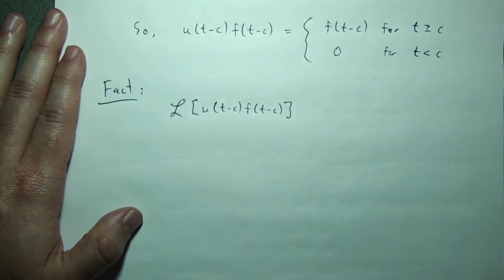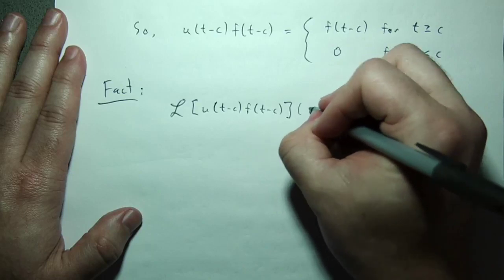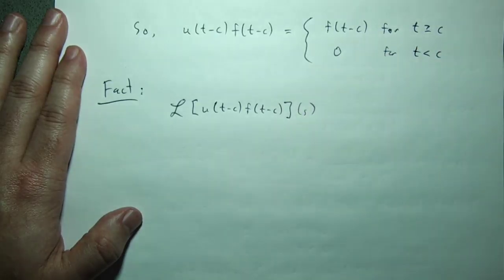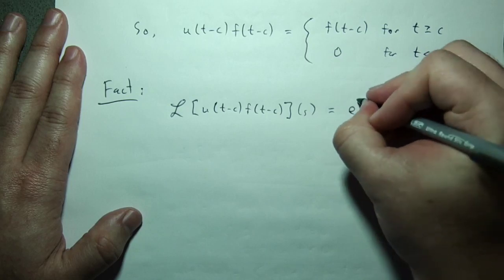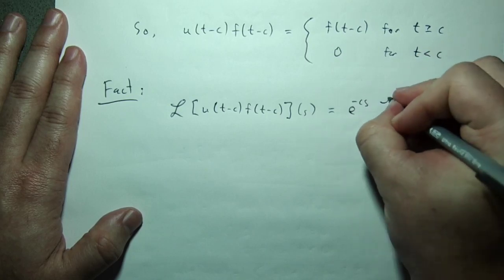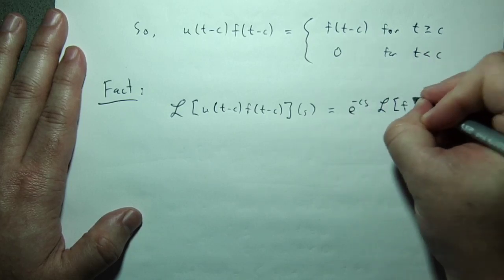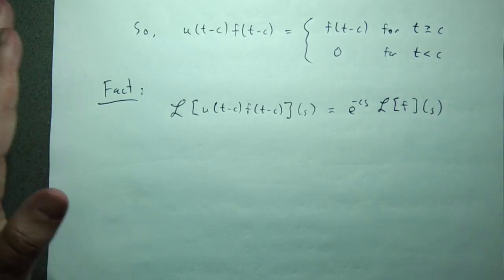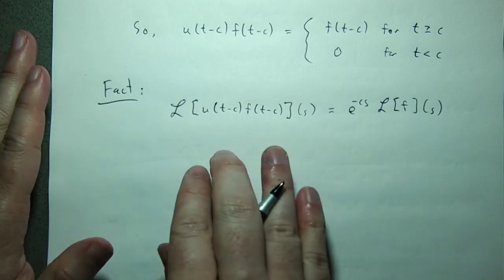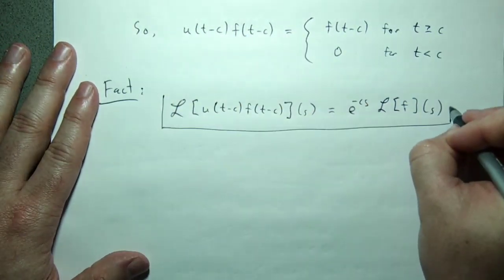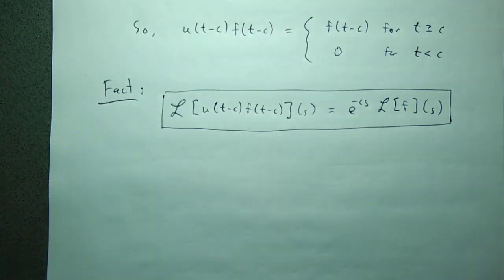The Laplace transform of this function I've written here, this shifted function that turns on at c, is e to the minus cs times the Laplace transform of f of s. What is this? Looks a little confusing.